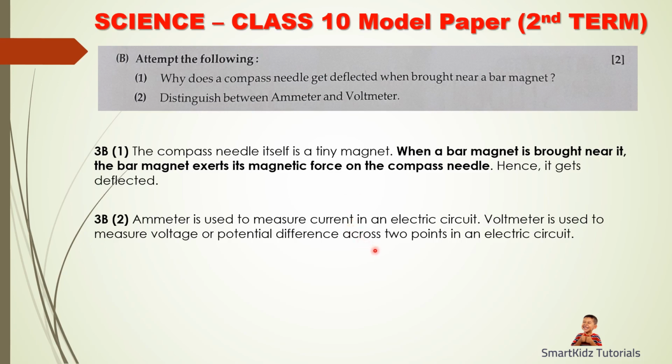Apart from that, you can give other differences. The unit used for an ammeter is amps or ampere, and in the case of a voltmeter, the unit used is volts. It's up to you which one, but you're supposed to give 1 point of difference between an ammeter and a voltmeter.